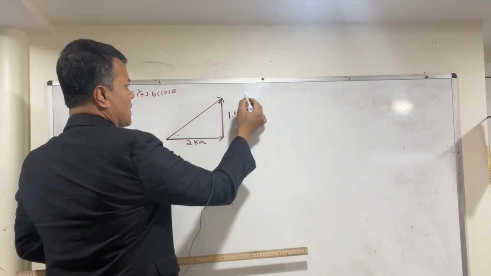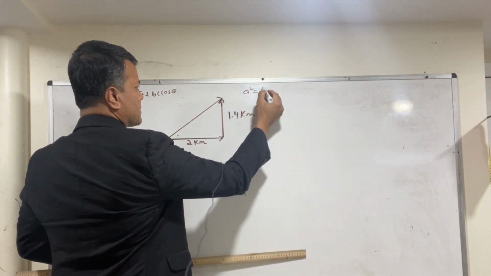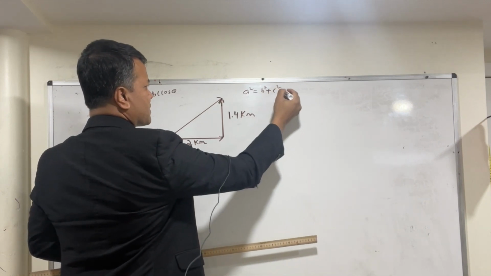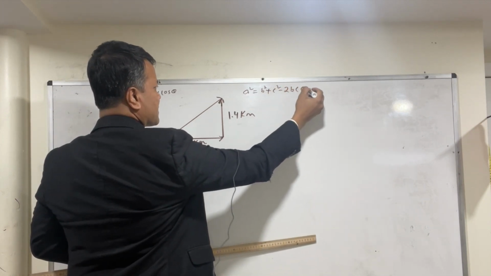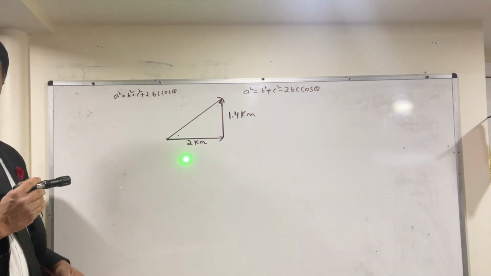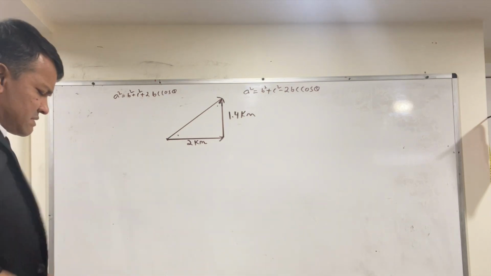When we use law of cosine, a squared is equal to b squared plus c squared minus 2bc cosine theta, and tail gives you the angle for the resultant.